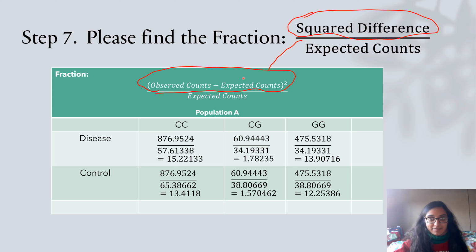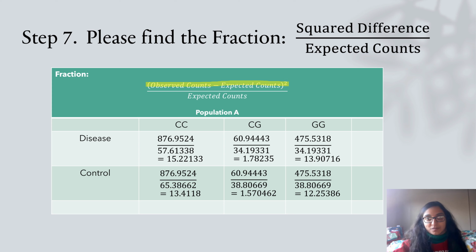So they line up together: observed minus expected count squared is the same thing as the square difference. We're dividing the answers from the previous cell, 876 for instance, by the expected counts, and we're getting these values here. That's what the fraction is.